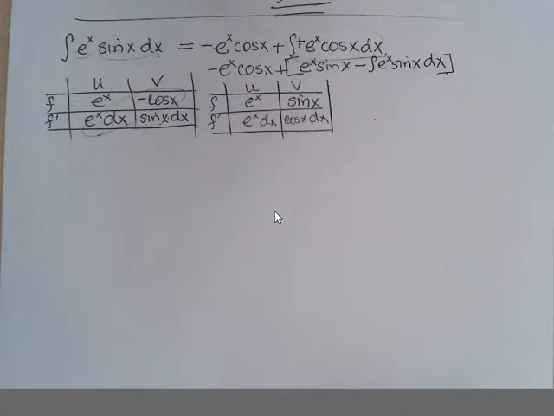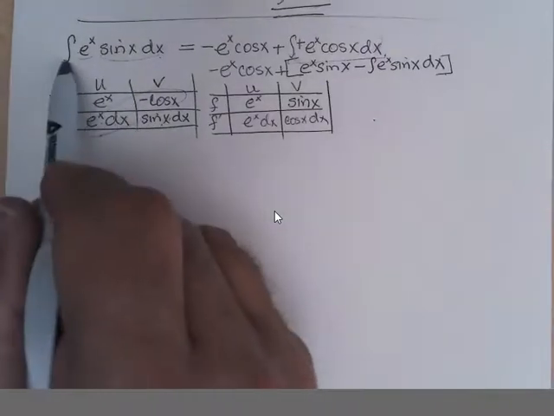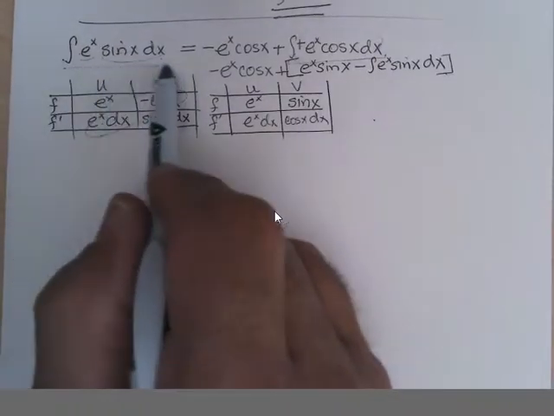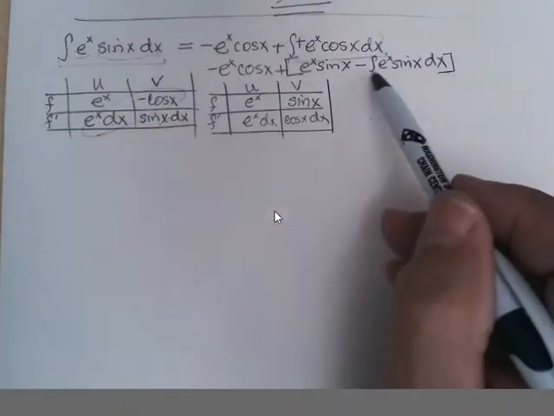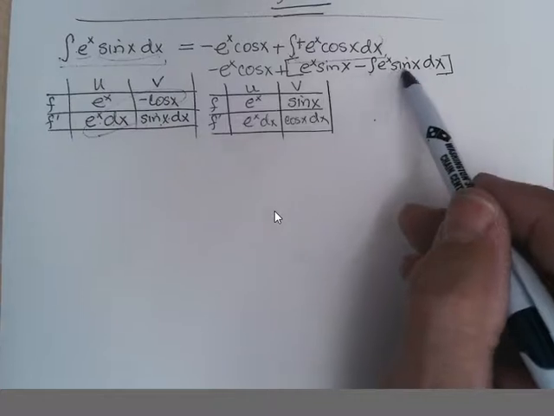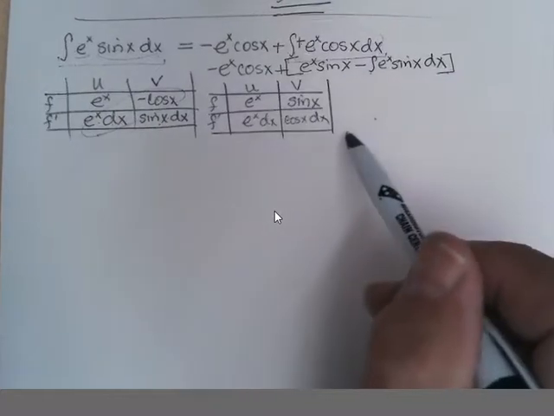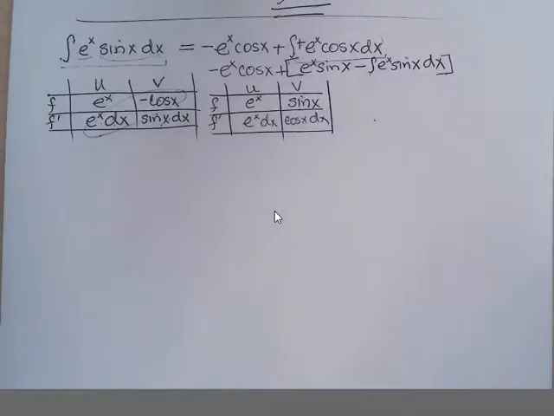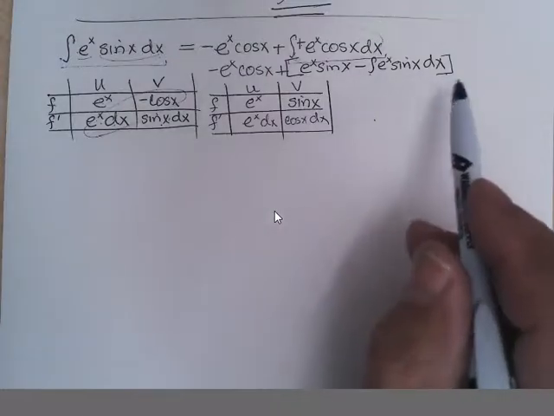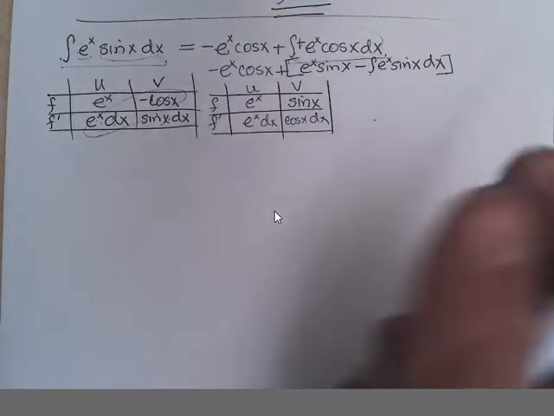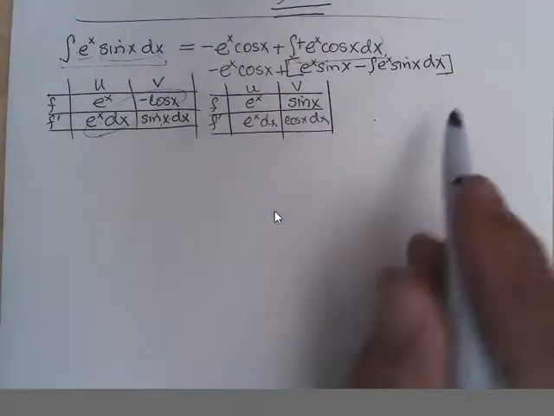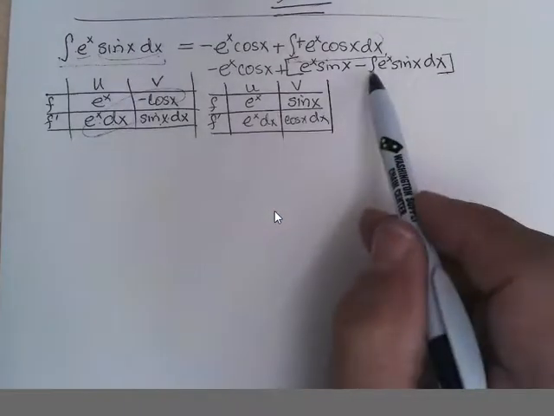And guess what? We've come full circle. We started out e to the x sine x dx. We've come up with e to the x sine x dx. Have we gotten anywhere? And when I first saw this, I thought, this is dumb. And then my professor said, now think about this.